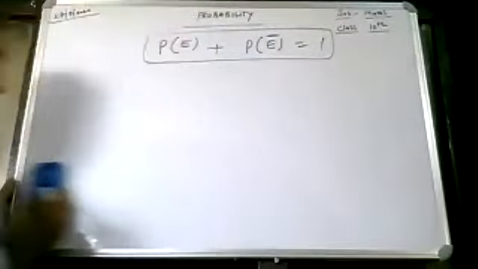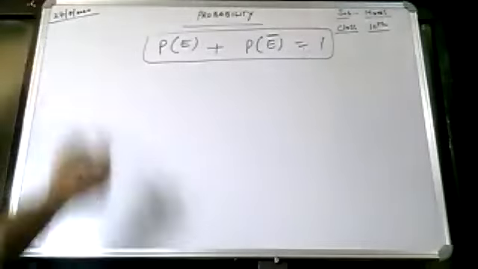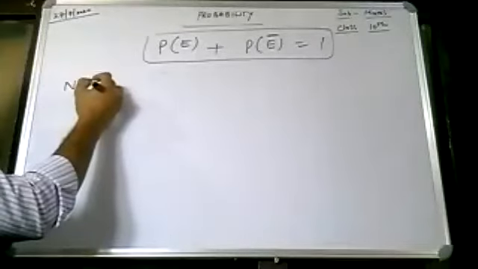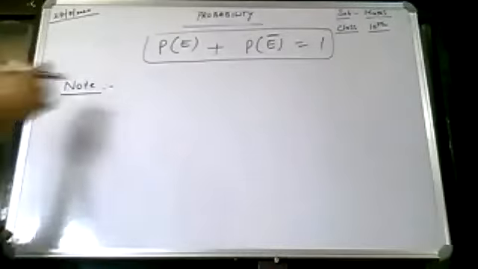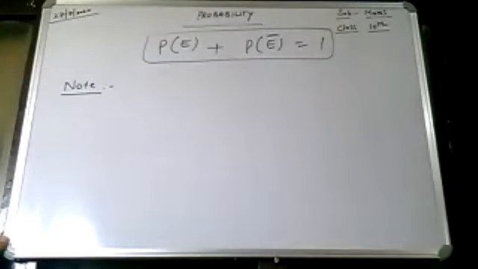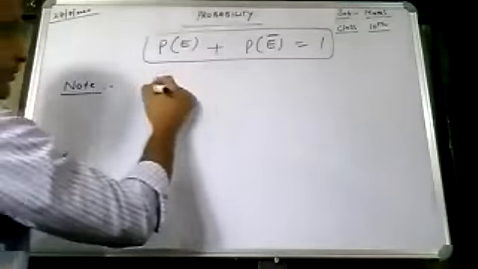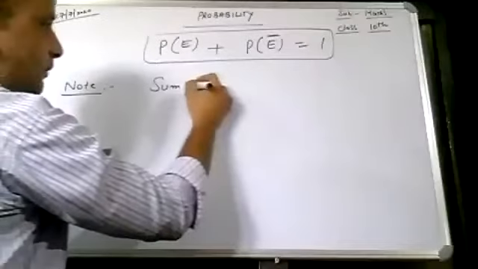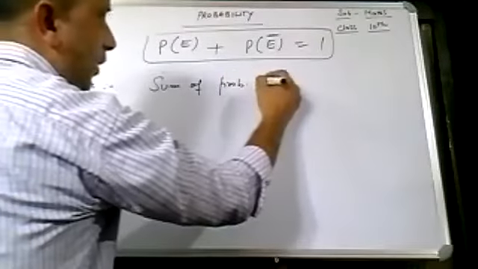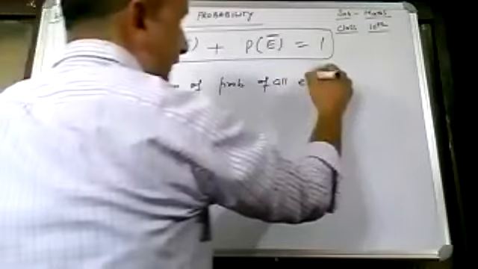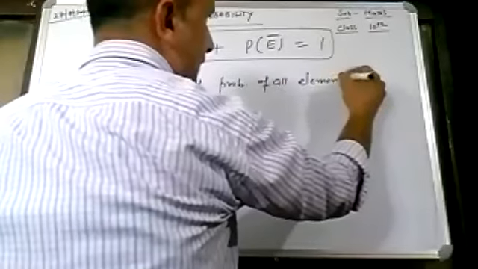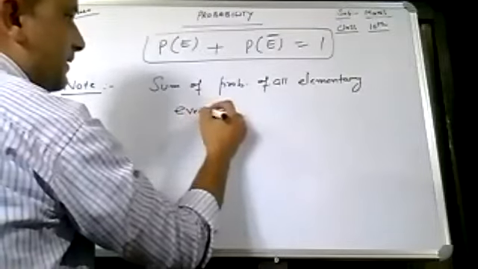This formula you have studied in the 9th standard. Then, class, there's one remark. This you also study in the 9th standard. Sum of probabilities of all elementary events. What should be the answer? ये पढ़ा था class 9th standard में आपको. 1.